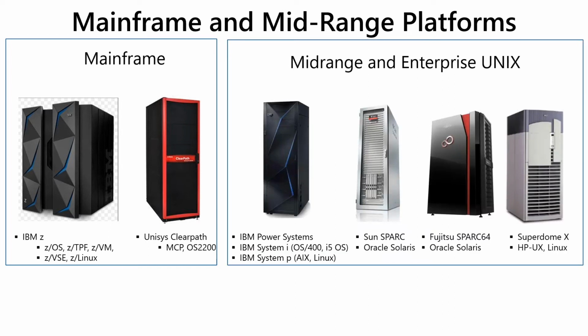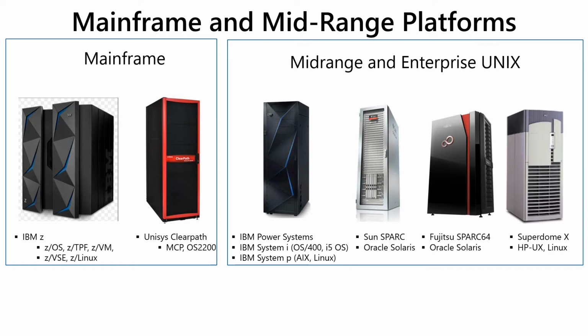But there's also what some people refer to as mid-range, which is the IBM Power Systems. This is things like running OS/400. So you might actually have a Z series in the main office, but you might be running a Power system, an AS/400, that's the hardware, OS/400 being the operating system, out in the stores.